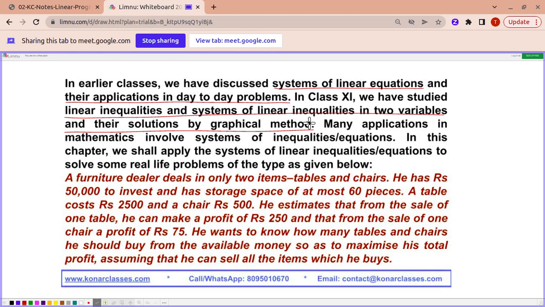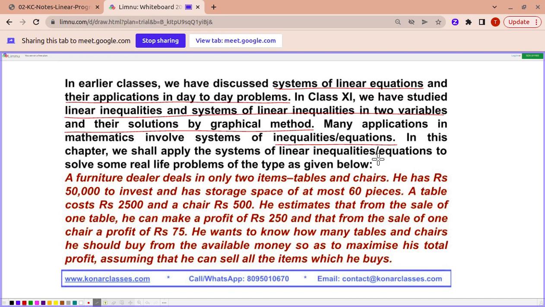Many applications in mathematics involve systems of inequalities or inequations. In this chapter, we shall apply the system of linear inequalities to solve some real life problems of the type given below.